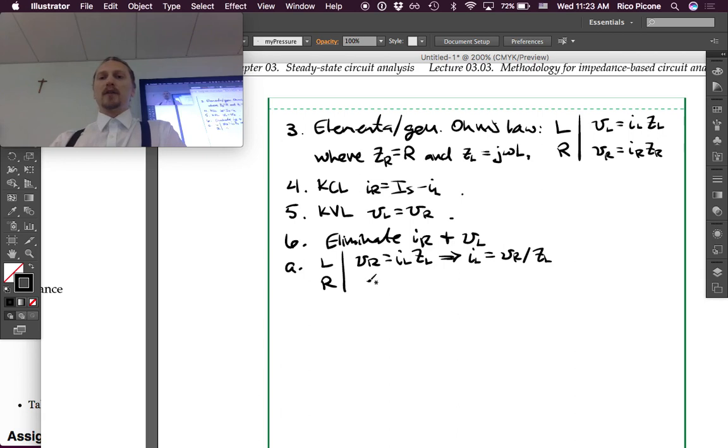The other equation is substituting in the KVL. We have VR equals, substituting in KCL this time, we have IR substituted in instead, IS minus IL times ZR.